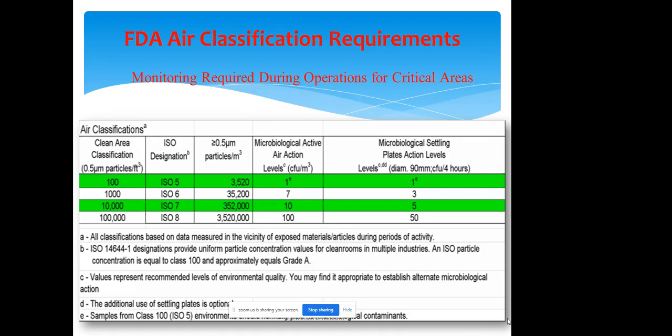On the top one, you have your class 100, which is the old nomenclature. It's the same as class 5, and you would have 0.5 micrometer particles. In that cubic meter box, you'll have 3520 particles. And in class 100, you would have 100 particles or less that are 0.5 microns.